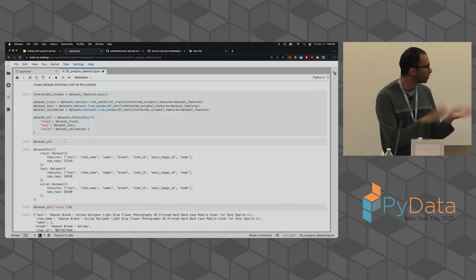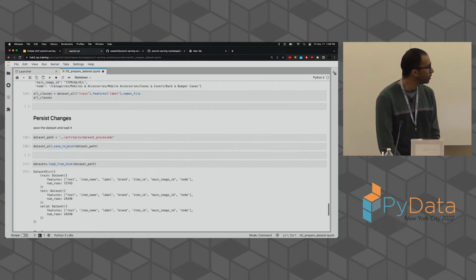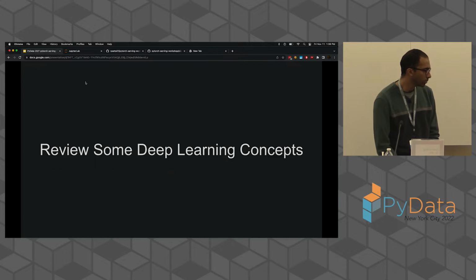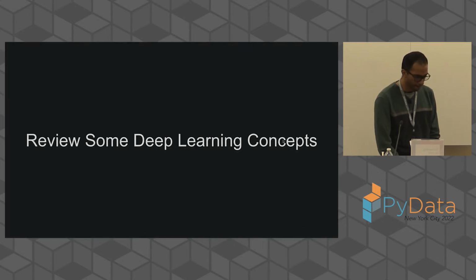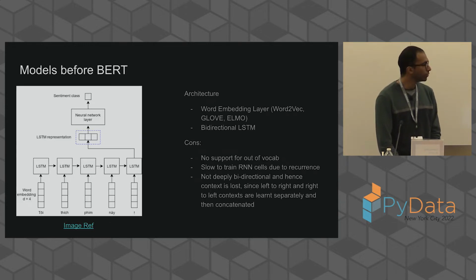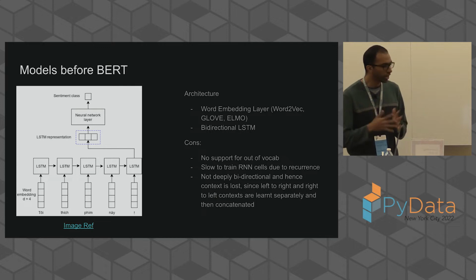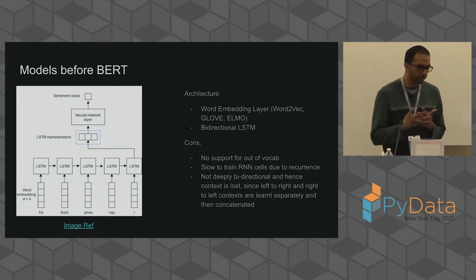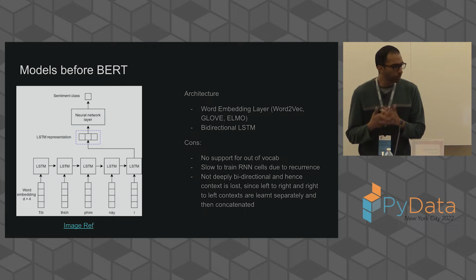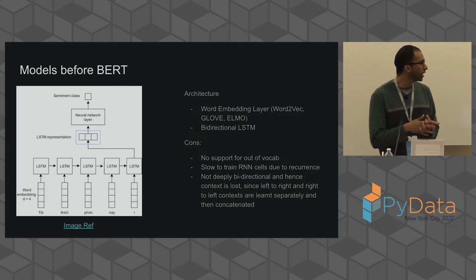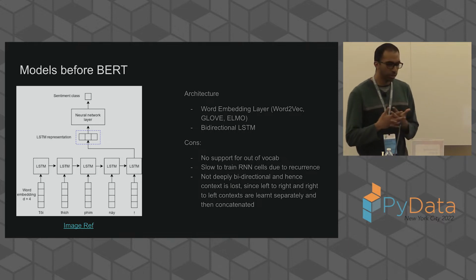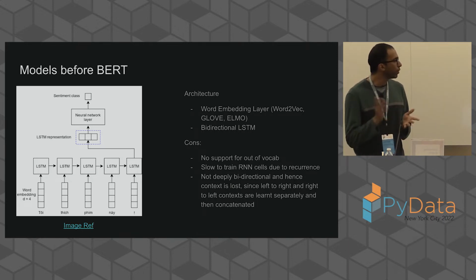So the model's already trained. Let's go directly to how you would build a classifier for this. Before BERT, before transformer models, if you wanted to build a simple text classification model, you might tokenize the input, feed it to a word embedding layer, and feed that into your LSTM or RNN layer.